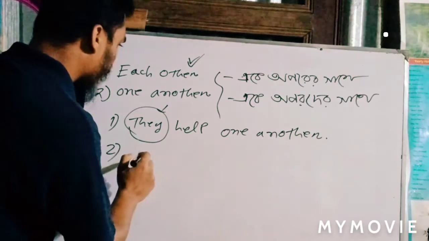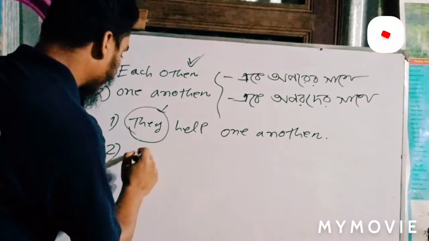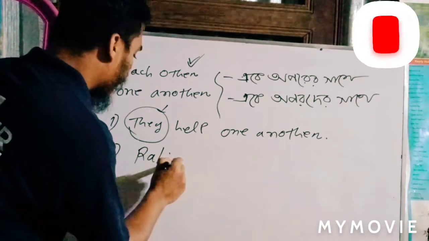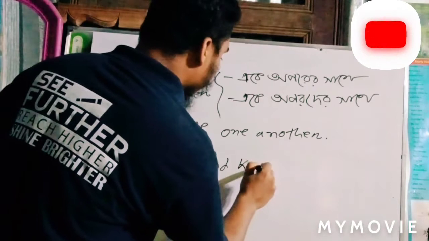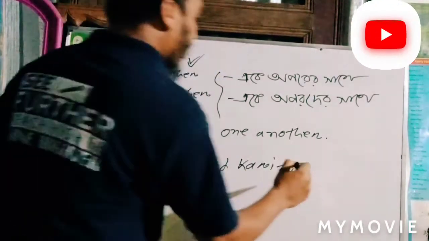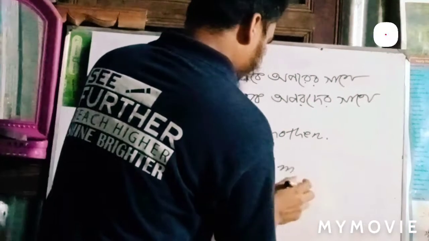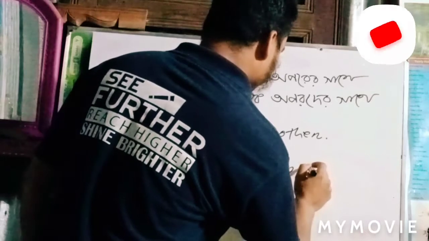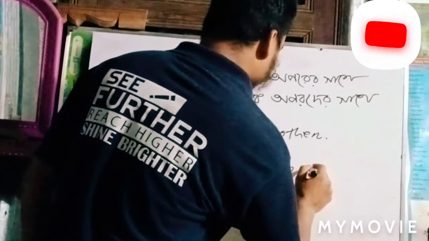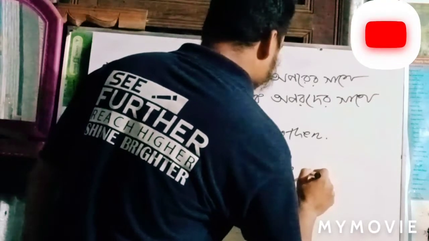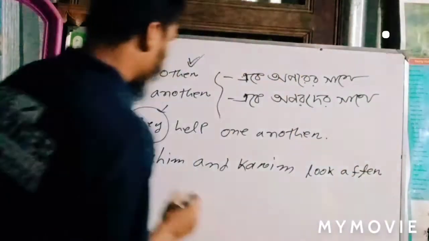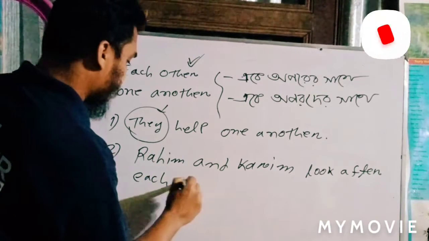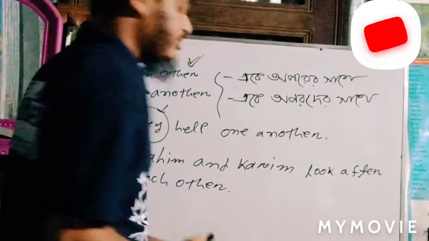Rohim and Karim look after each other. That is the sentence we can see.